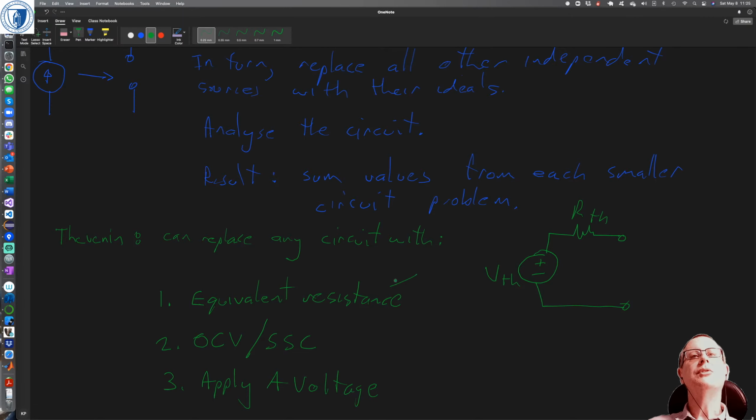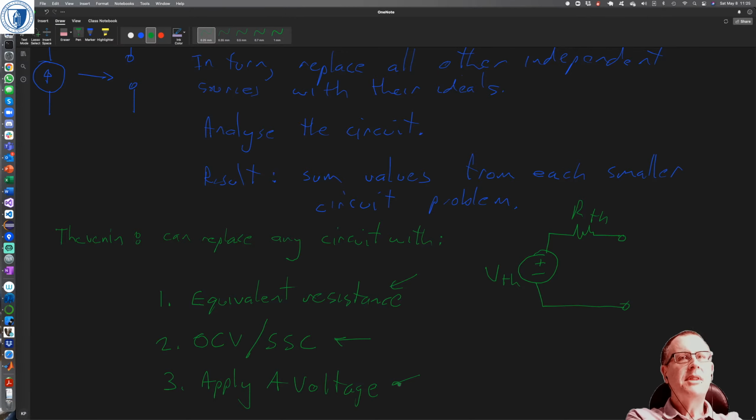The equivalent resistance approach can't have any dependent sources in it. The open circuit voltage short circuit current approach has to have at least one independent source in it. And the applied voltage approach doesn't have any constraints.